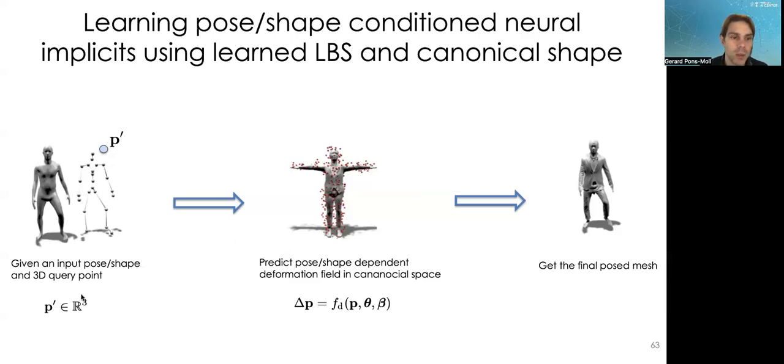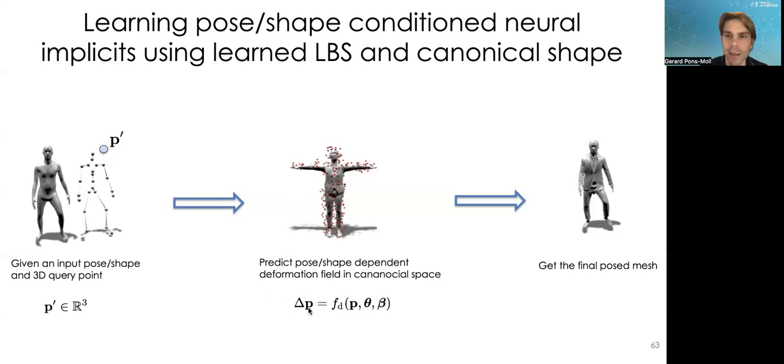So how this works, you start with a point in the pose space, and then you unpose it. We will see how to do this. The network needs to predict the skinning weights to do that. And then we're going to predict these displacement fields, which is the same as the pose blend shapes, but now they are going to be a continuous function of every point in space and the pose and the shape.